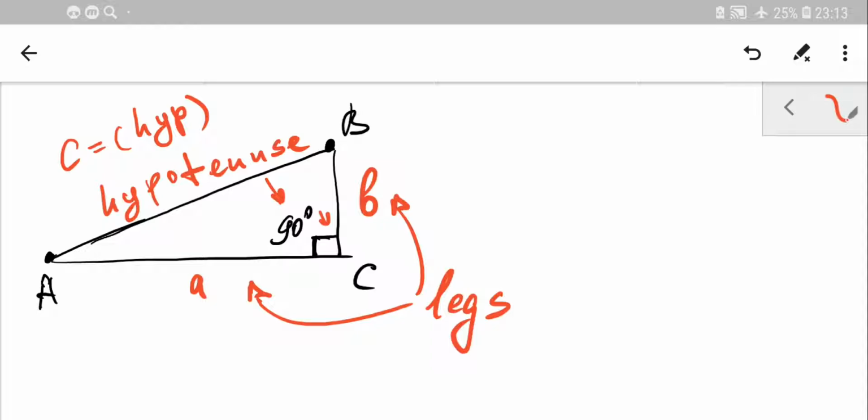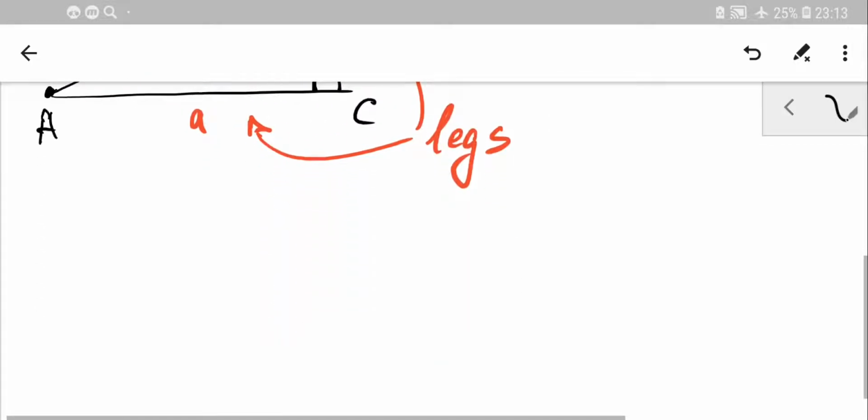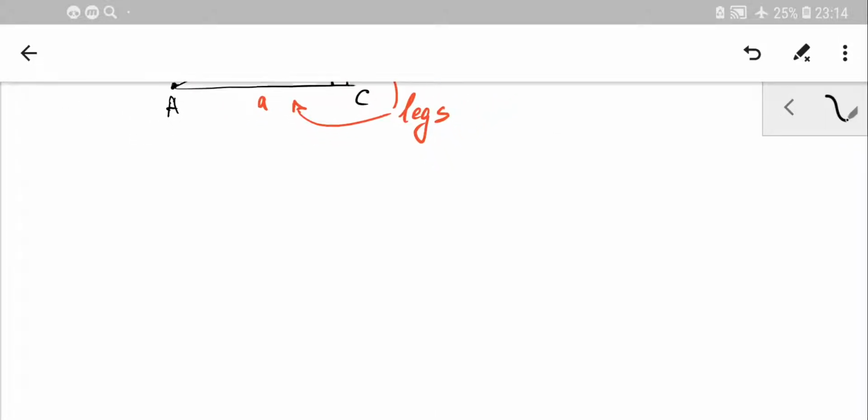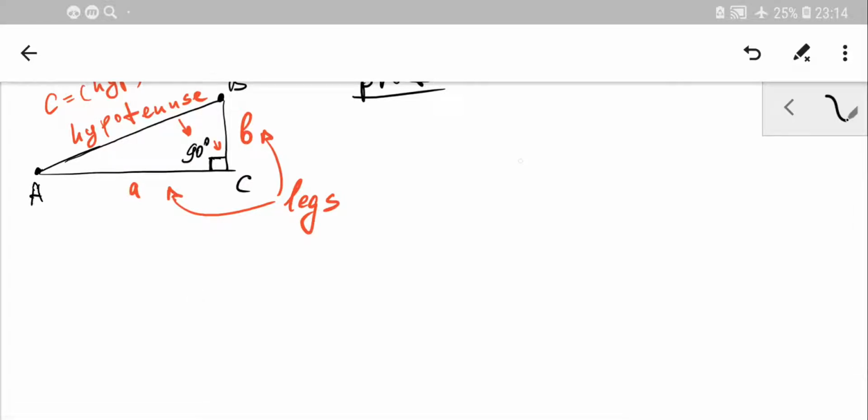All right, so actually, let's try to make a proof for Pythagoras. So let's do a little proof here, how we can obtain Pythagoras theorem, okay? For this, the only thing we need to have a look at is just a square, all right?